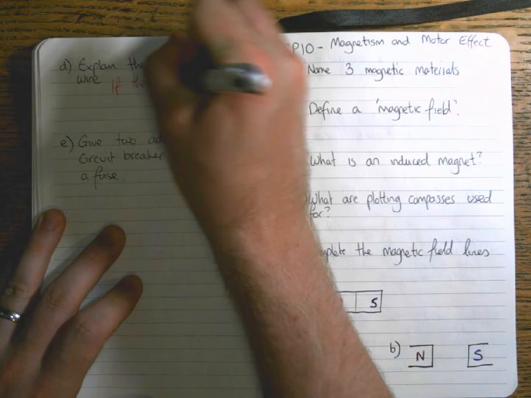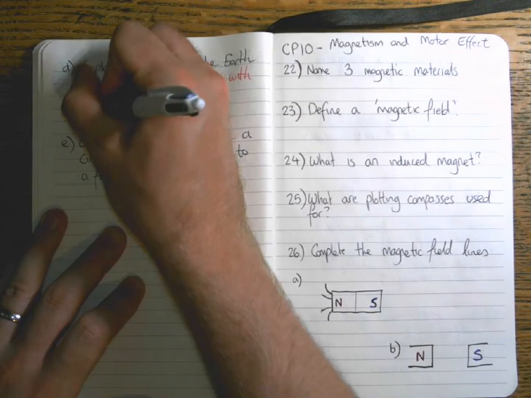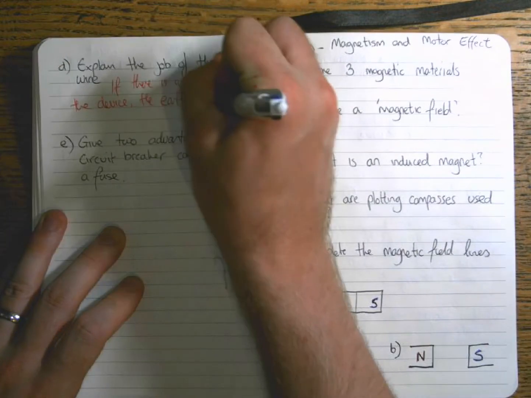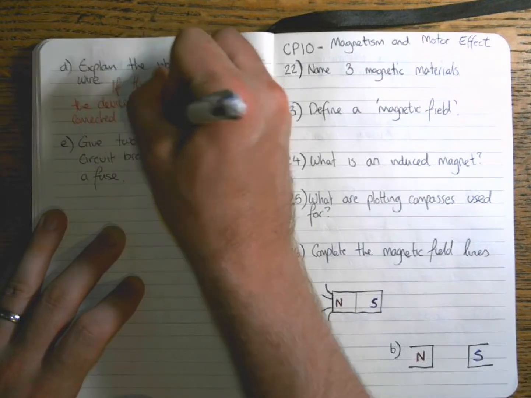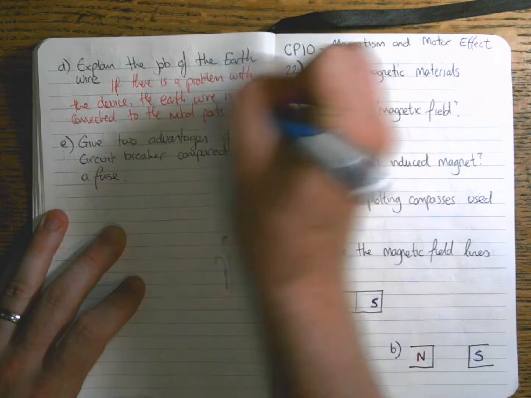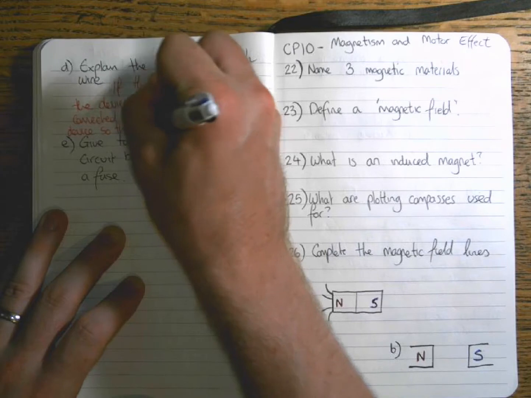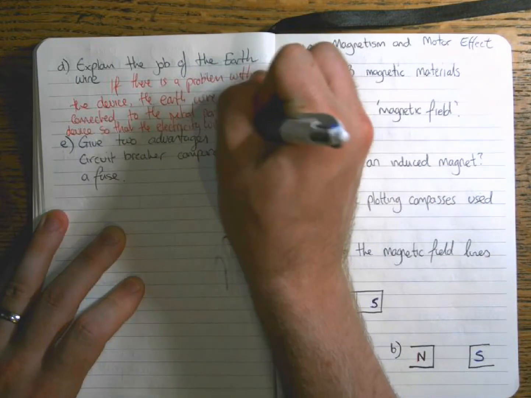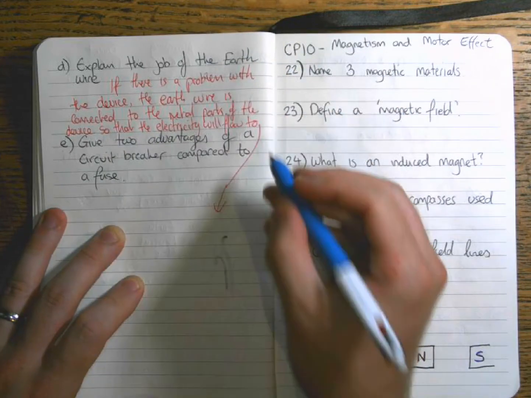if there is a problem with the device, the earth wire is connected to the metal parts of the device so that the electricity will flow, I'm just going to draw a line down here, it will flow to earth.